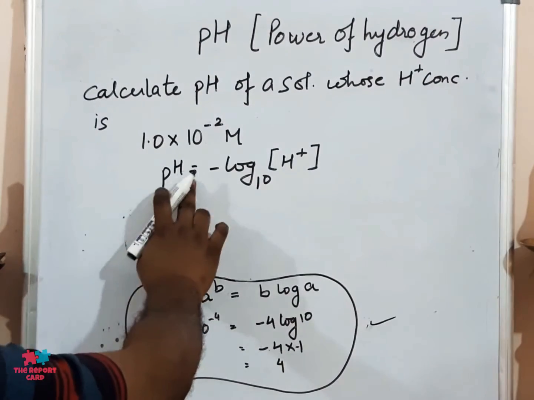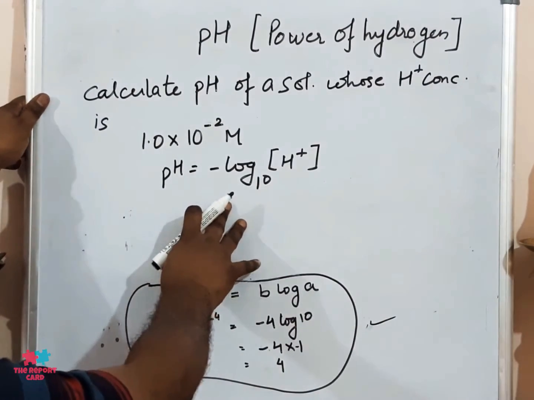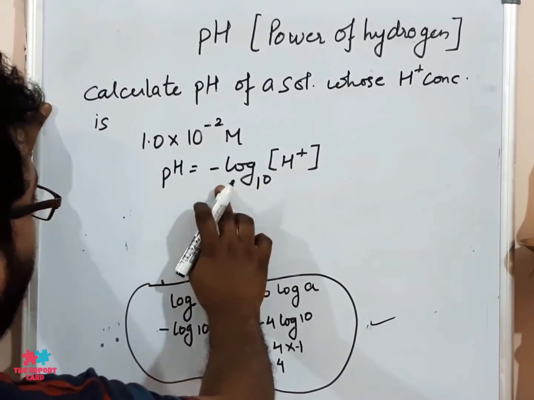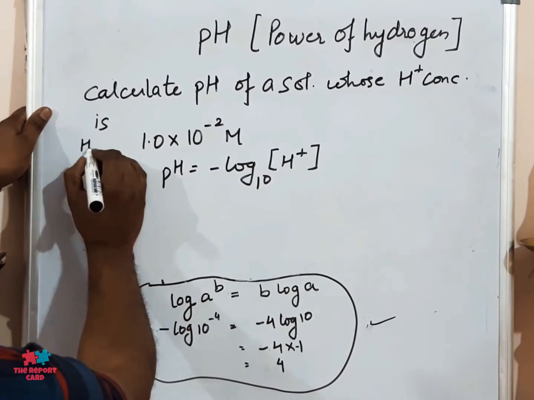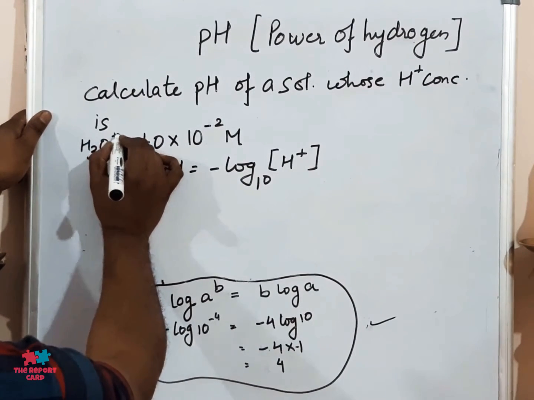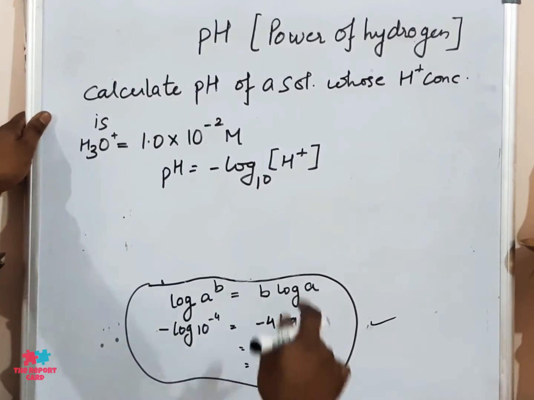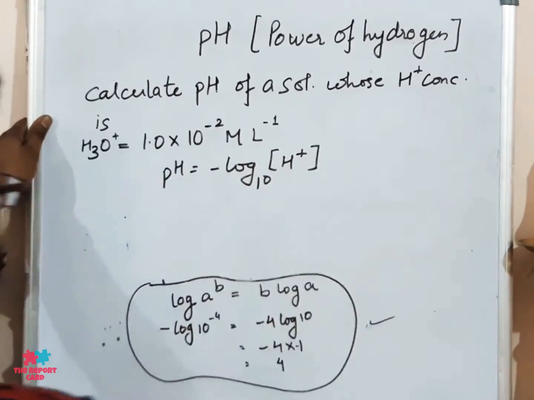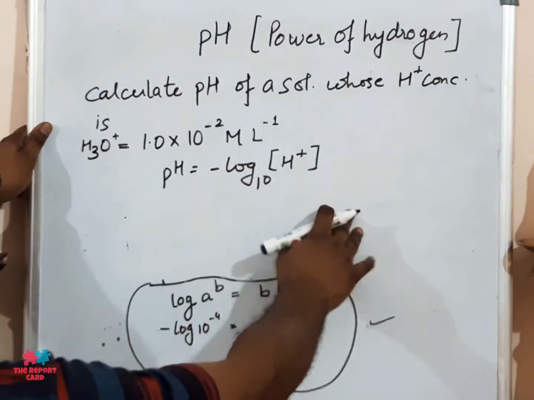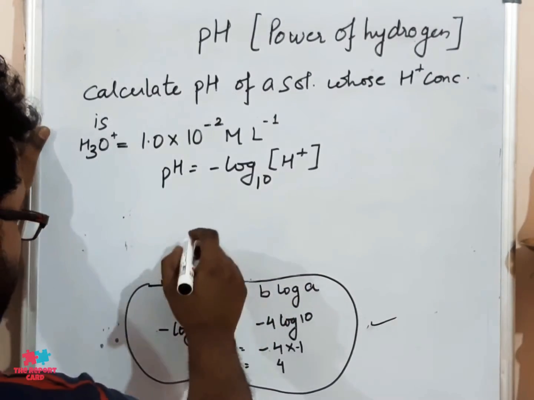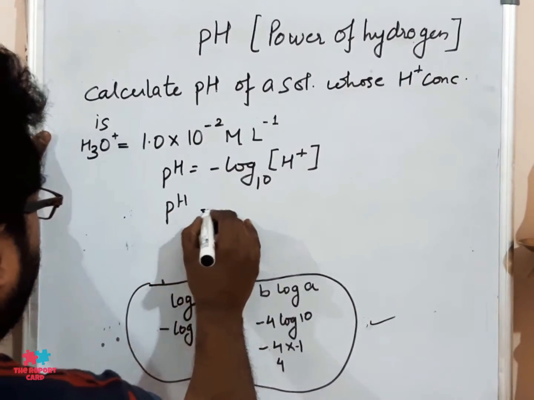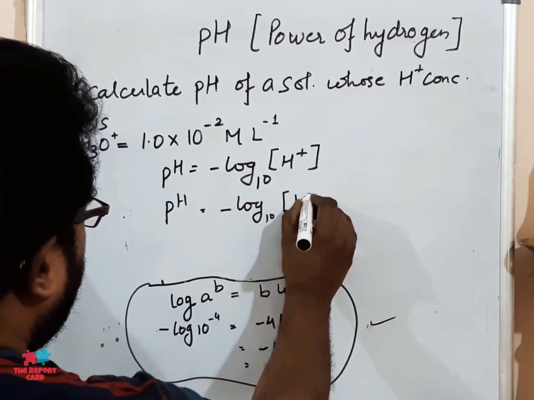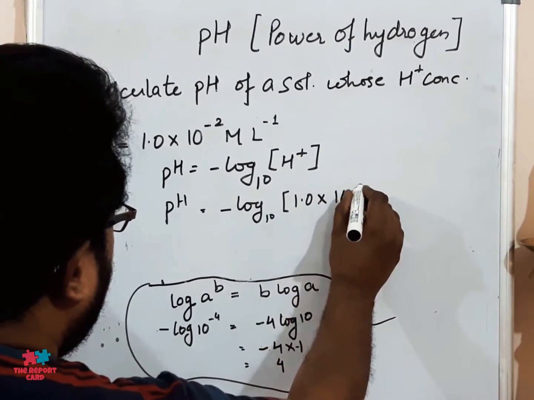Now when we are talking about pH, we are talking about the hydrogen ion concentration, which is given in moles per liter. So this is the formula we are going to use. pH is equal to minus log of 1 into 10 to the power minus 2.